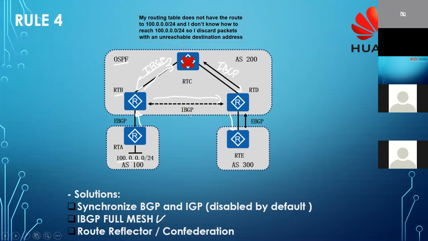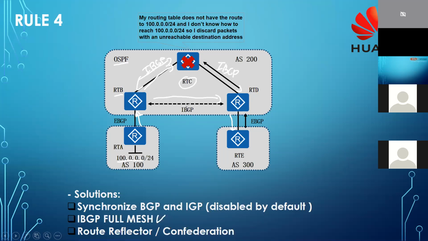The problem with this solution is that the full mesh consumes a lot of configuration. So we will have a very big configuration when we have multiple routers inside our network. Also, we need our backbone routers, or P routers, to be performant, because RTC needs to handle the BGP routing table.